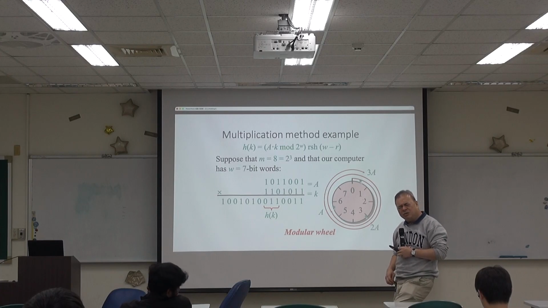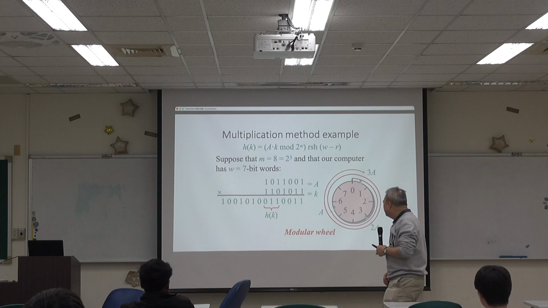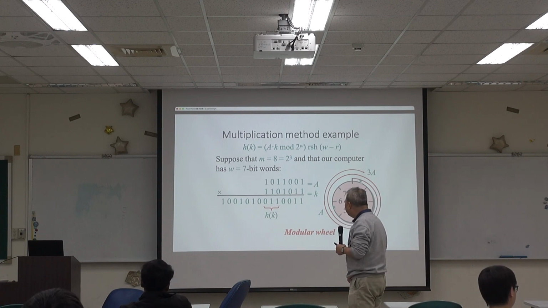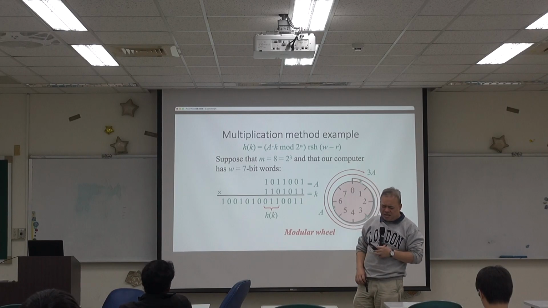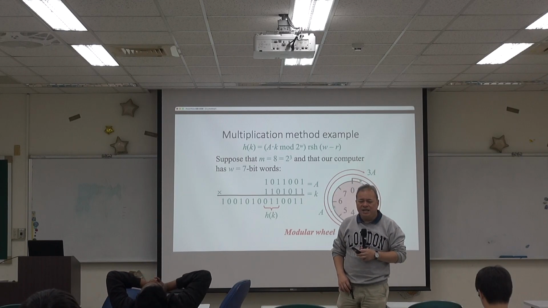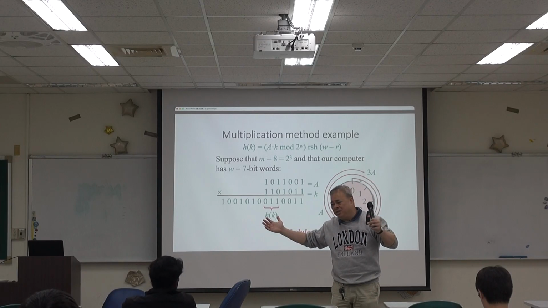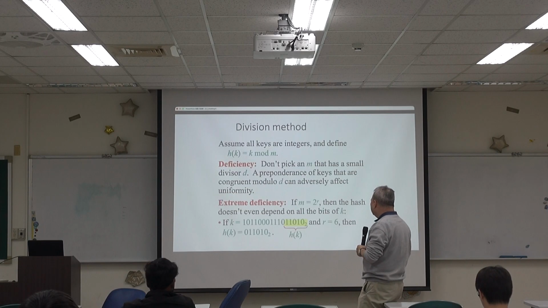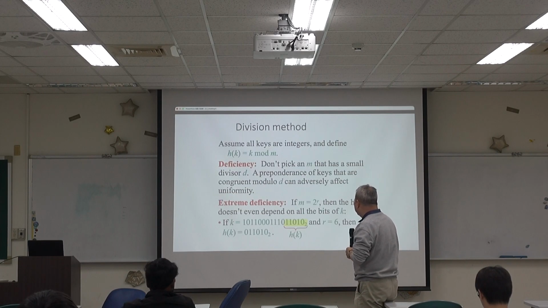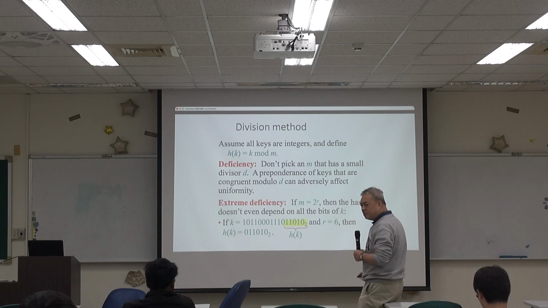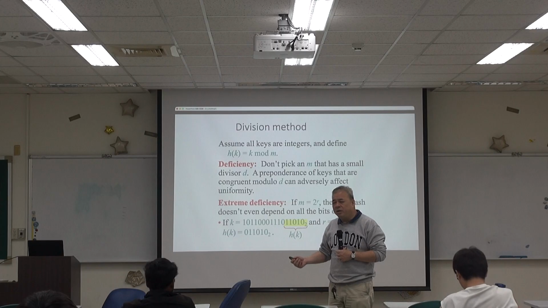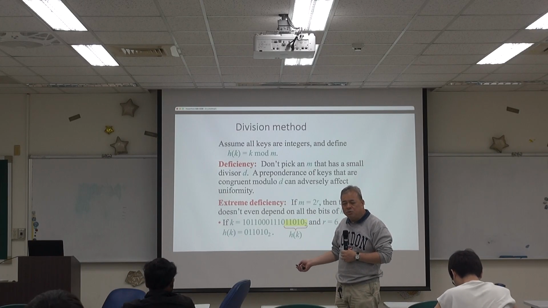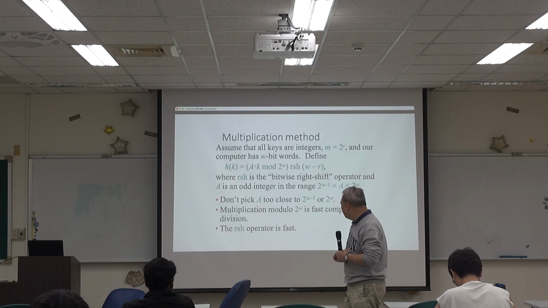And you may argue, well, because we do mod 2 to the power of r, isn't that going to rely on the last few digits? We just mentioned that if n is 2 to the power of r, it's a bad choice, right? So why do we use mod 2 to the power of r in the multiplication method?